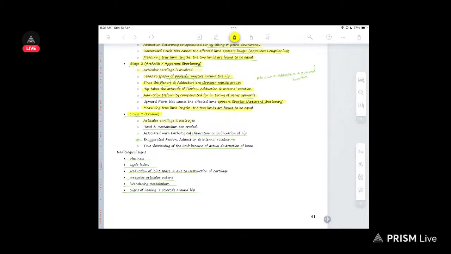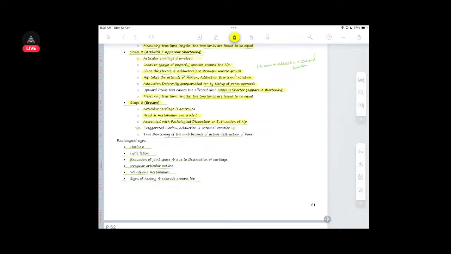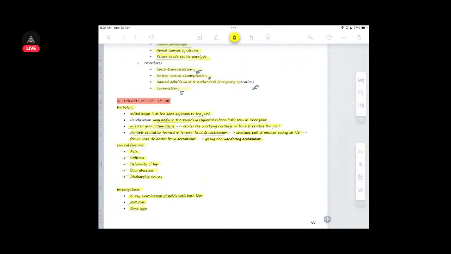Then finally you have the stage of erosion. Head and acetabulum are eroded. Articular cartilage is also destroyed. Articular cartilage is gone. Head and acetabulum are eroded, associated with pathological dislocation or subluxation of the hip.